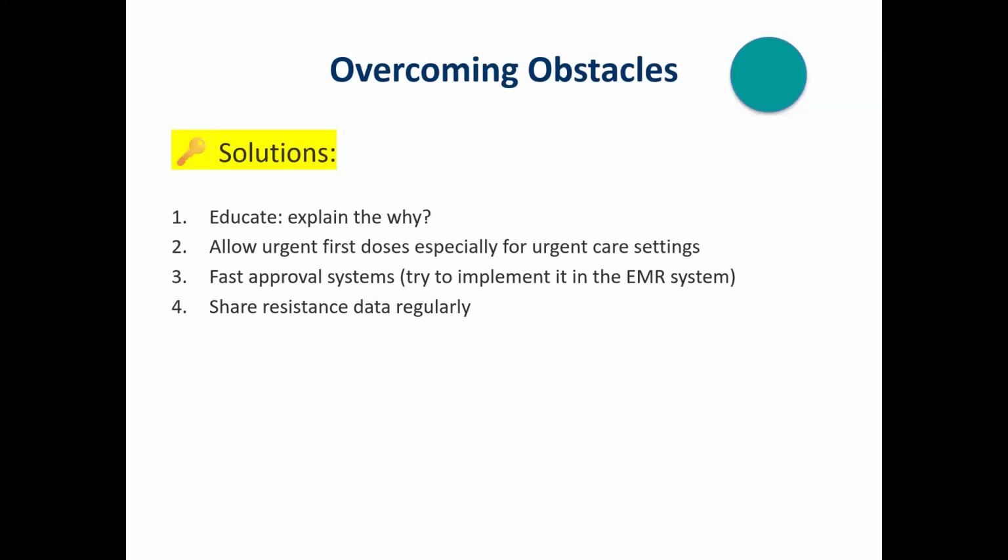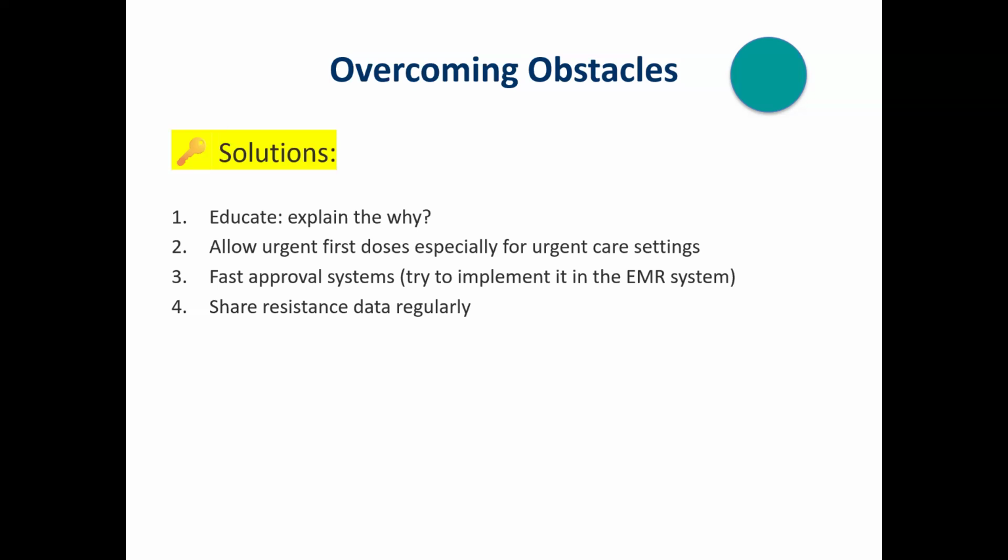So to overcome these challenges, we need to educate the healthcare providers well and explain to them why restriction is very important, why we should always implement this strategy. We should also allow the first doses in the emergency, in order not to delay the delivery of these antimicrobials to the patients.